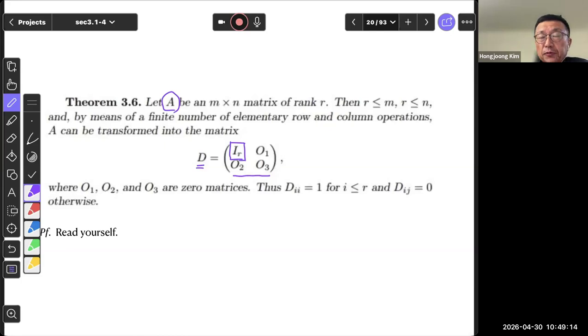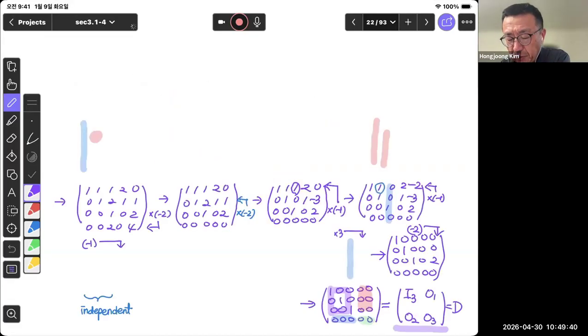If you check the proof, you will see that any matrix can be transformed to a D matrix like this. So given any matrix A, by performing elementary row operations and column operations, we can derive a D matrix, right? Now, let me go back to this example one more time.